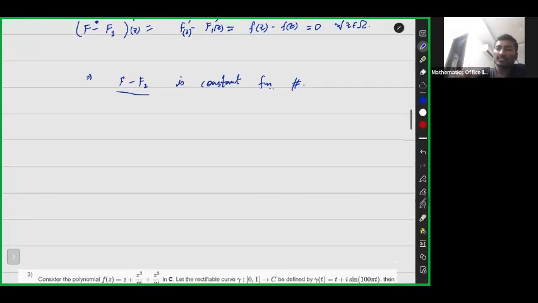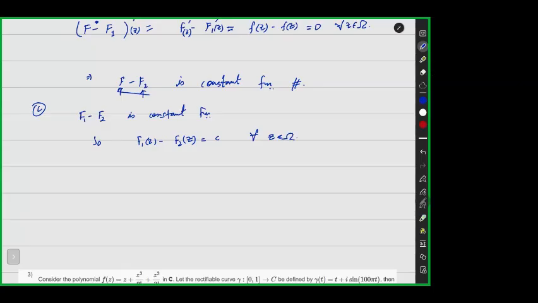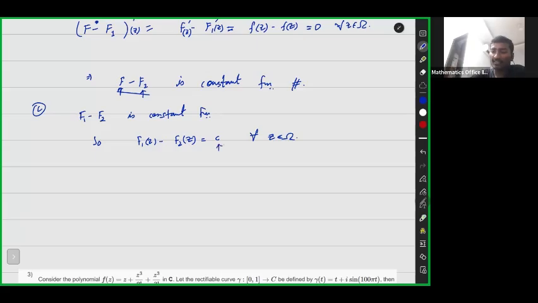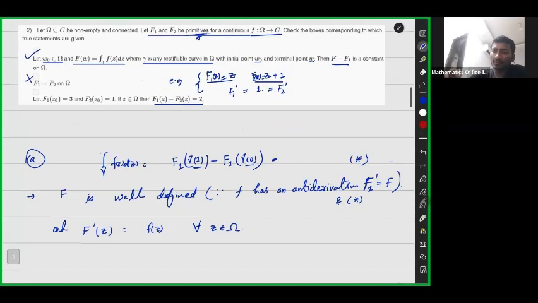F minus F1 is constant, where F was an antiderivative of small f, and F1 is also an antiderivative of small f. Similarly, F1 minus F2 is a constant function. So F1(z) minus F2(z) is equal to c for every z inside omega, right? So what we need to calculate is what c is, because this is what is asked: c is equal to 2 or not.